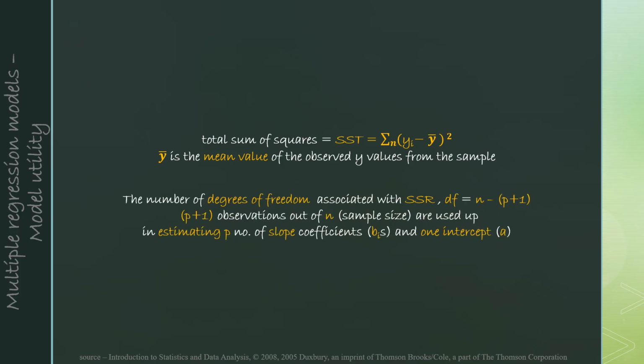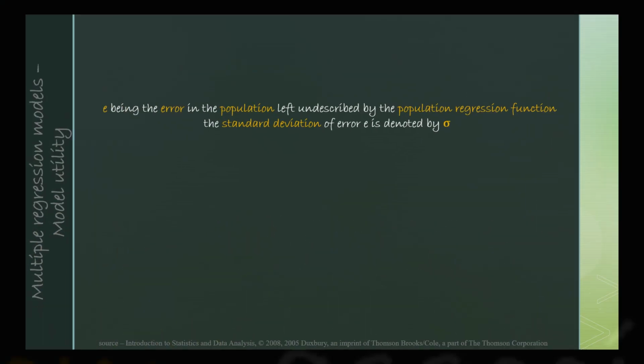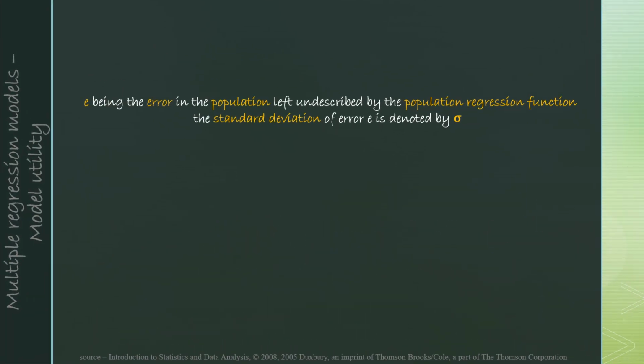The number of degrees of freedom associated with SSR, df, equals n minus (p plus 1), since p plus 1 observations out of n, the sample size, are used up in estimating p slope coefficients, that is the bi's, and one intercept a. Please recall E being the error in the population left undescribed by the population regression function.